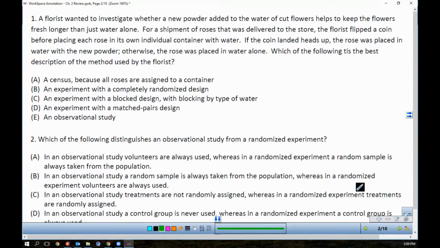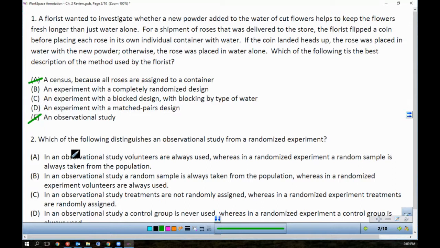D, an experiment with a matched pairs design. Or E, it's observational. Okay, I didn't see any for E or A, which is good because E and A are not the answer. But I did start seeing hands for B, C, and D.